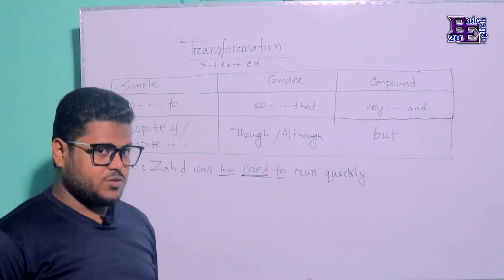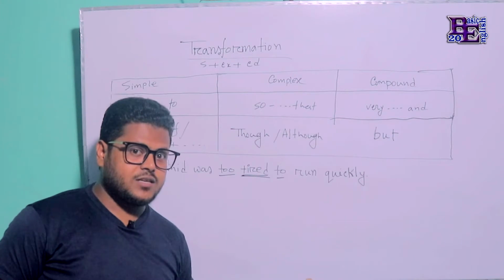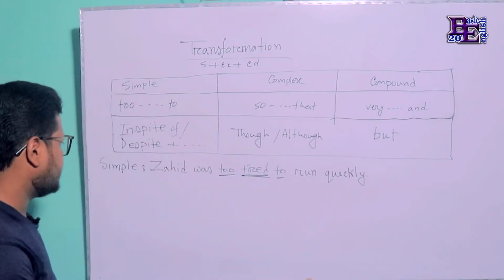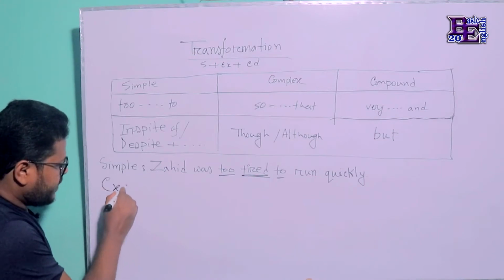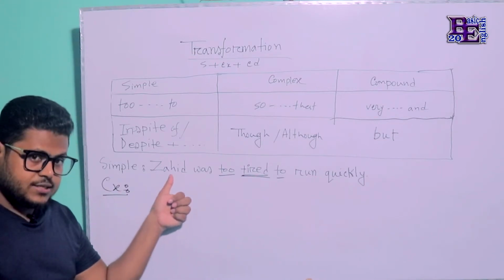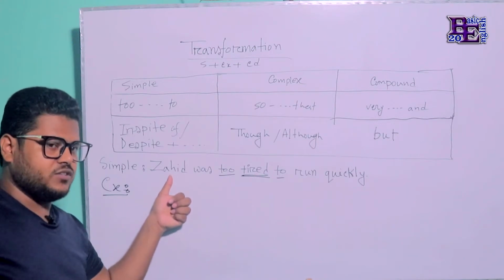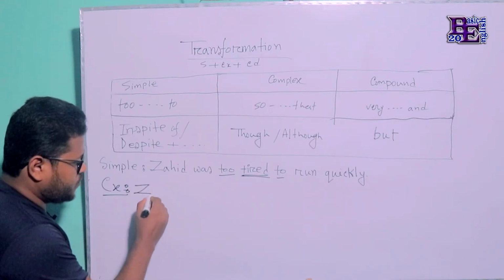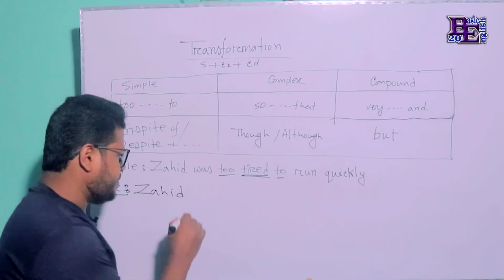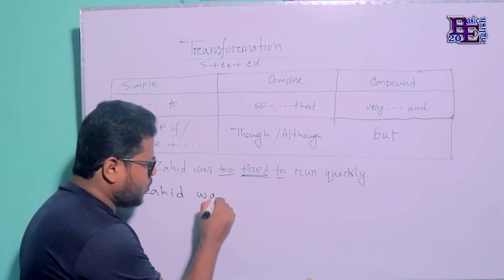So if you were asked to transform this into complex, how can we do it? Let's see. Here, CX for complex. We have to write the subject without any change. First of all we have to write Zahid, and the verb will remain unchanged: was.